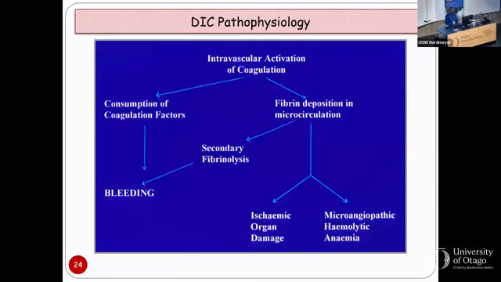Pathophysiology of DIC: intravascular activation of coagulation leading to consumption of coagulation factors, leading to fibrin deposition in microcirculation, leading to secondary fibrinolysis, which leads to bleeding, and that fibrin leads to organ damage and microangiopathic hemolytic anemia.